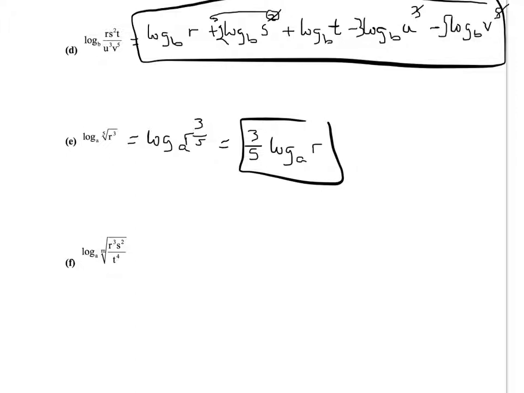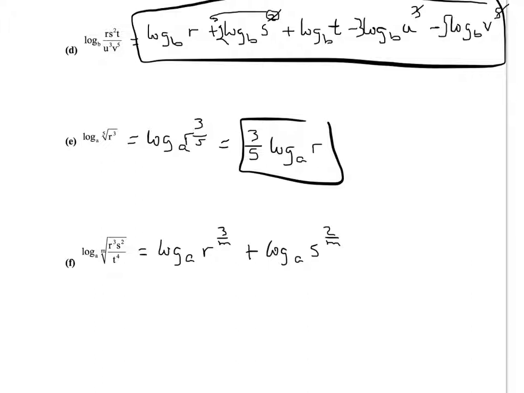Okay, look at the last one. If we do the same thing we just discussed, we're going to rewrite each of these terms with fractional exponents. Notice what the denominator in the fraction should be, though. Our root is m. It's not a number, it's a variable. That's okay. We'll just make it log base a of r to the 3/m power. Now I'm still working in the numerator, so before I get to the next term I need to put a plus log base a of s to the 2/m power.